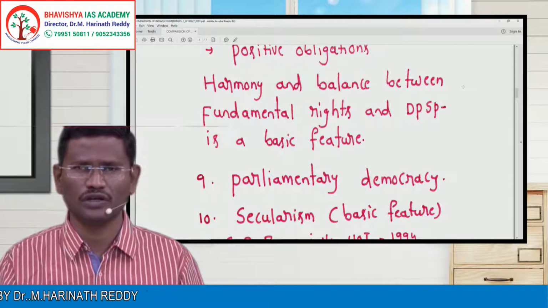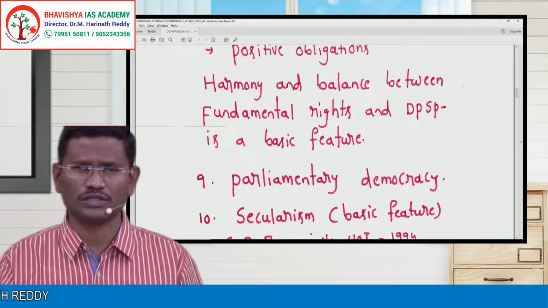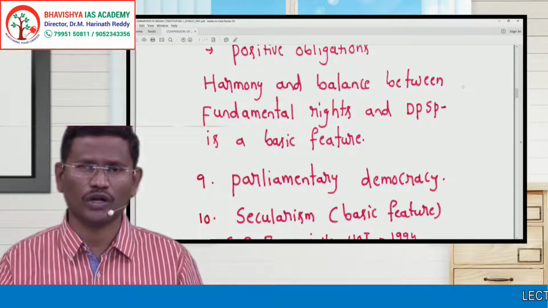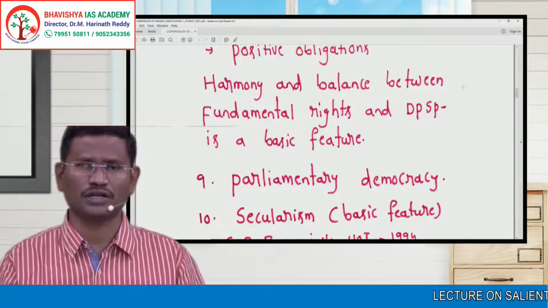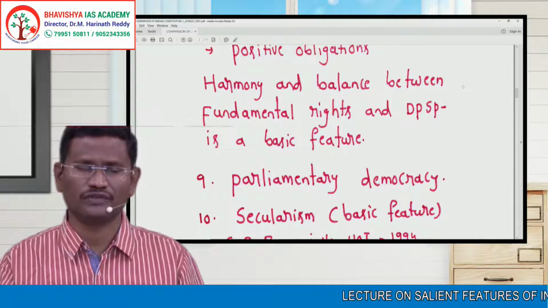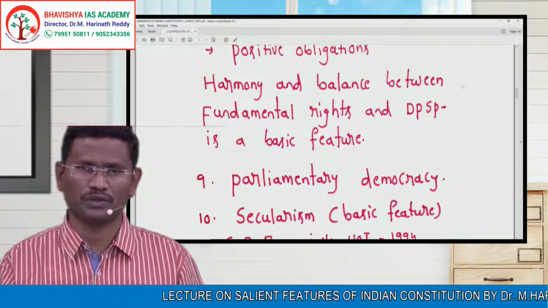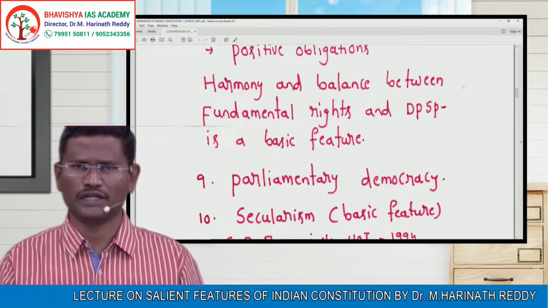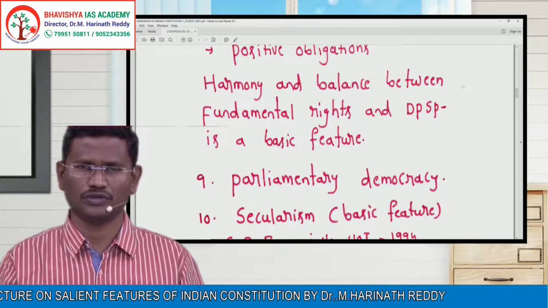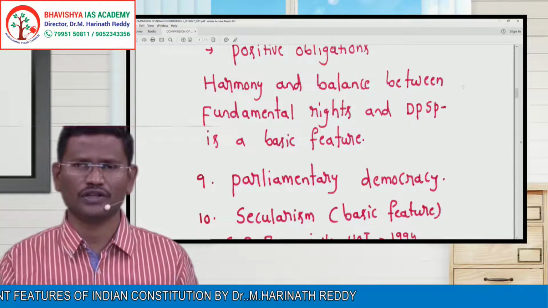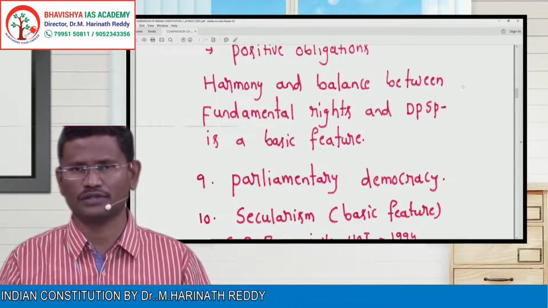The first reason, we were used to parliamentary democracy. The second reason, it is a more accountable form of democracy. The third reason, the executive power is conferred on a group of individuals, sharing of political power is possible, and diversity can be better accommodated. So that's one important salient feature of the Indian Constitution, parliamentary democracy.